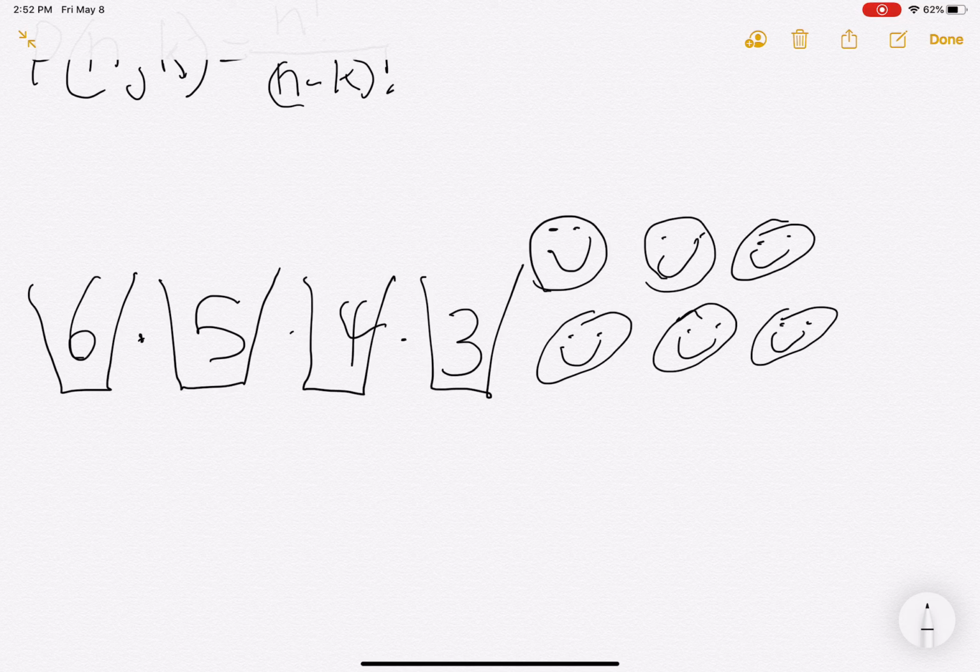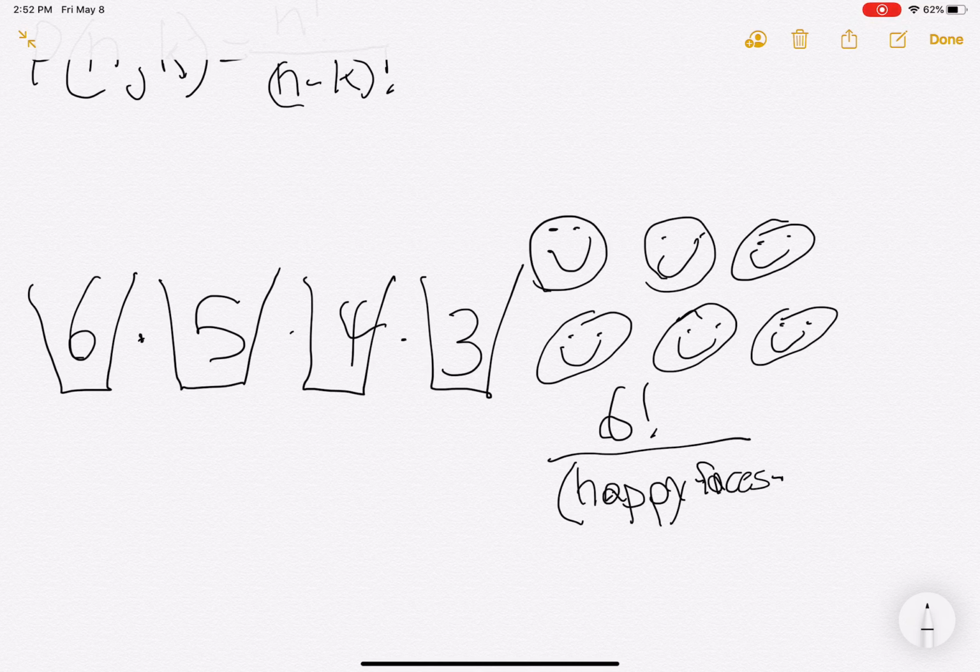So again, we can express this as 6 factorial over n minus the number of containers. So we're going to write it out, actually, just to give you intuition, right? And that's what we're all about. So happy faces minus cups factorial.